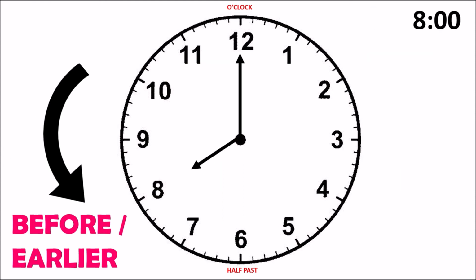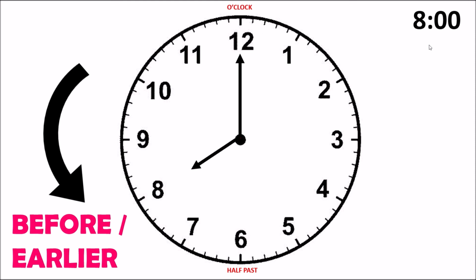Okay, good job. Now, let's try going the other way around. Let's go back. So we're going to talk about before or earlier. So what time is it now? It's 8 o'clock.